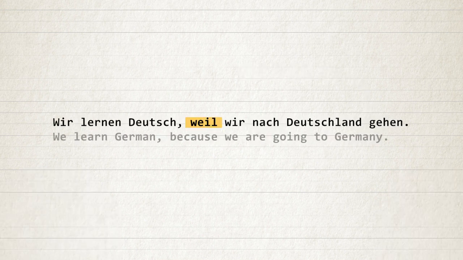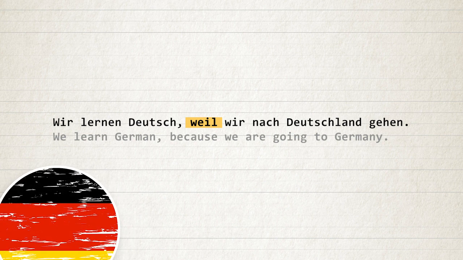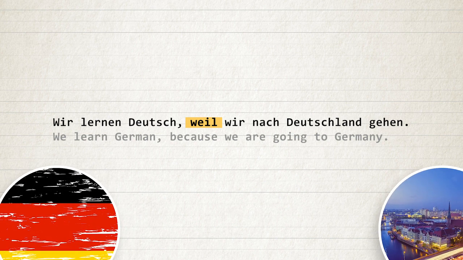Wir lernen Deutsch, weil wir nach Deutschland gehen. We learn German because we are going to Germany. Again, the conjunction weil tells us because. We are learning because we are going to Germany, and the conjugated verb ends up at the last place in the sentence.